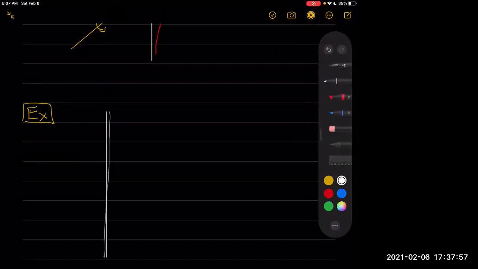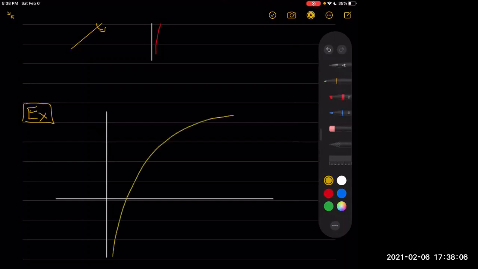So we're going to start with this is log base 2 of x, and then this will be log base 5 of x, and then down here, this will be log base 10 of x.